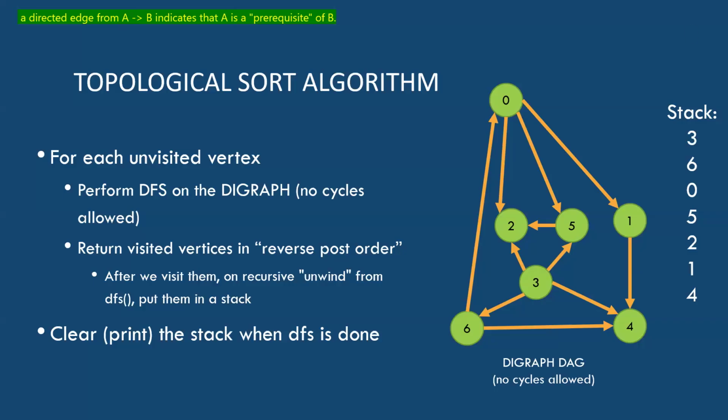3, 6, 0, 5, 2, 1 is the order in which we would take these classes. There are multiple possible correct answers. It all depends on the ordering of each adjacency list. In other words, if 0 had the first adjacency as a 2 and the second one as a 5, we would have traveled down the 2 first instead of the 5.